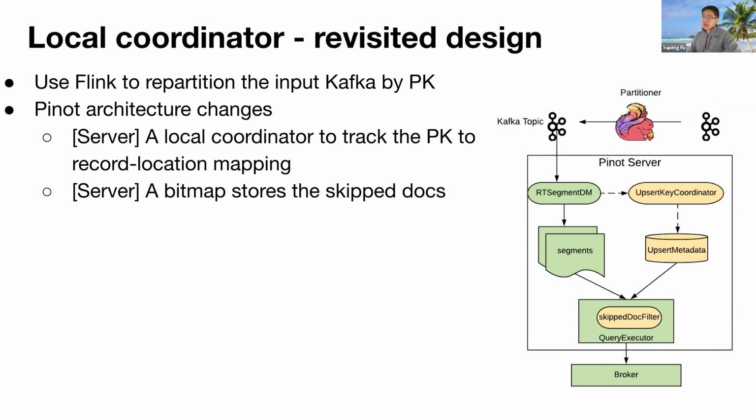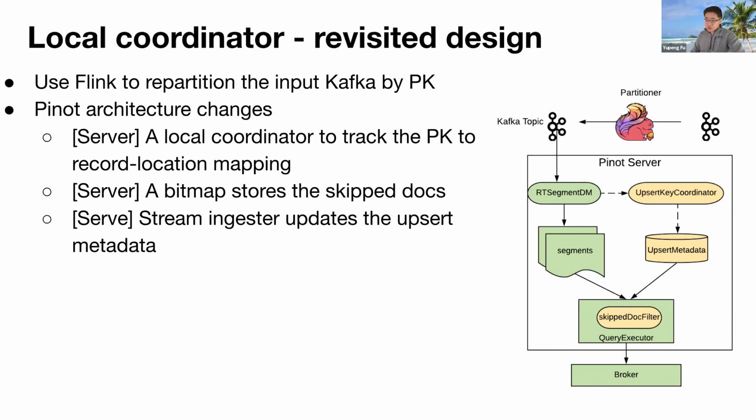And we add another index, which is a bitmap, to track all the documents that are being skipped or to be updated. This information is useful at query time, so that we can safely skip the documents that are no longer the latest state.